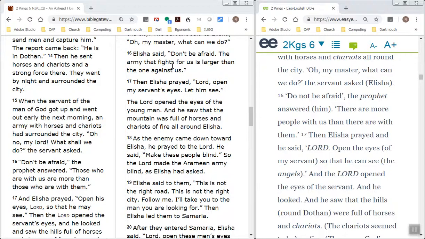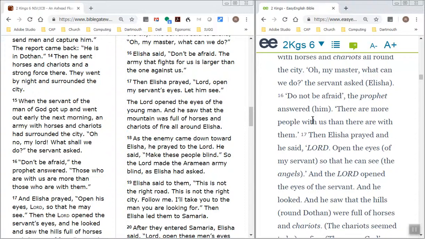So we cannot in our system represent something with those, like in the NIV. We have to say who those are. We could do like the Easy English and say there are more people with us, but I'm reluctant to do that because I think probably the ones who are with Elisha are angels.